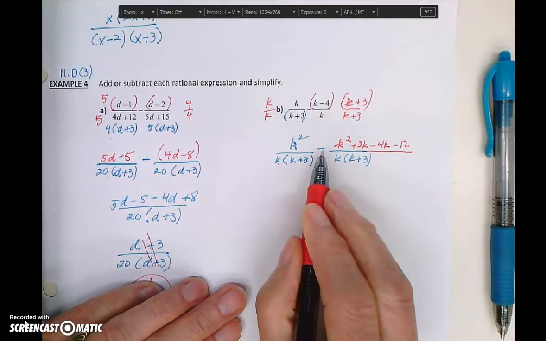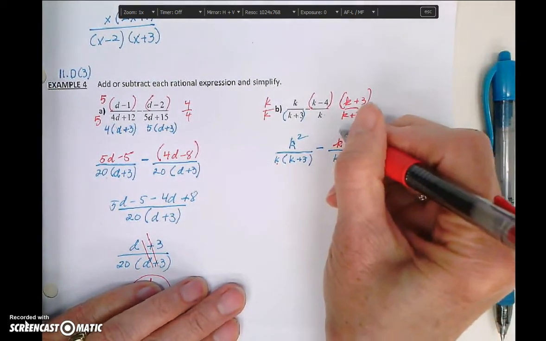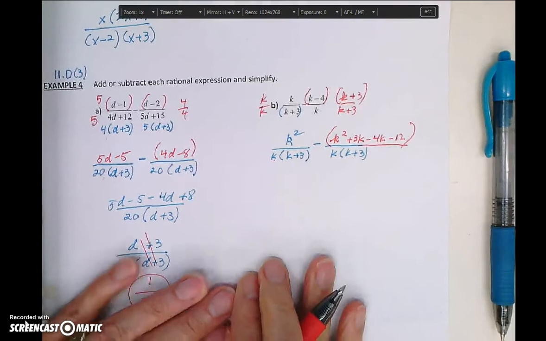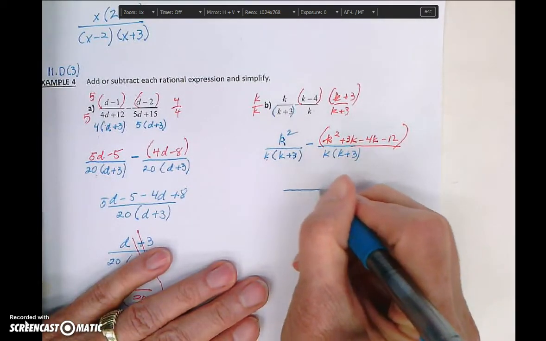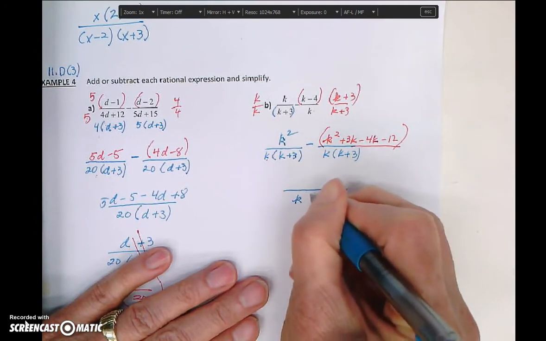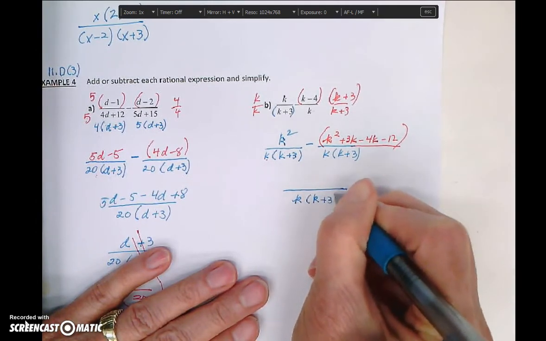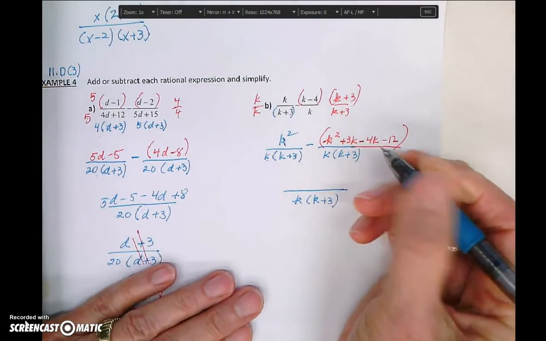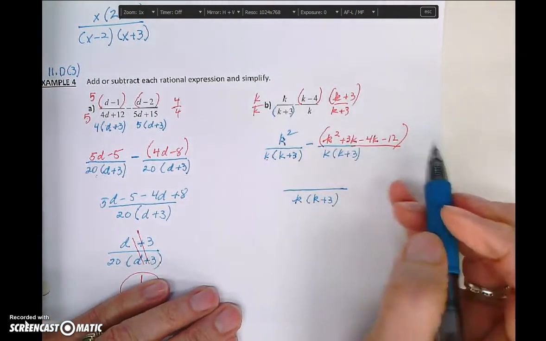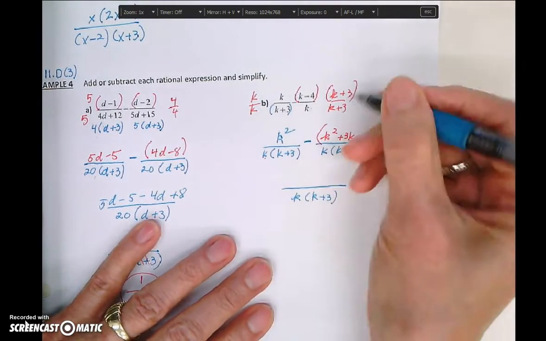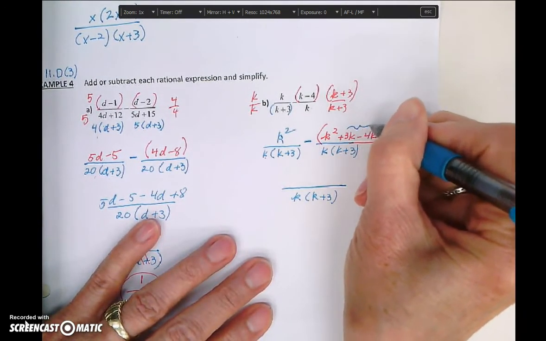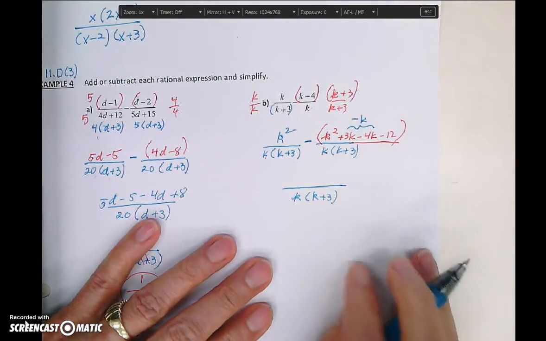And I have a minus sign, so I need to put a parentheses around that and remember that I'm going to subtract the whole thing. My common denominator is k and k plus 3. And let's see, I'm going to have k squared minus, let's go ahead and write this. Let's go ahead and group these here. This adds up to negative k, right?